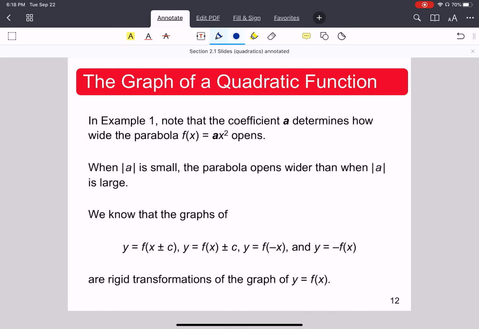So again, keep in mind that the graphs of y equals f of x plus or minus c, y equals f of negative x, y equals negative f of x, are transformations of the graphs of any types of functions. We learned that previously.